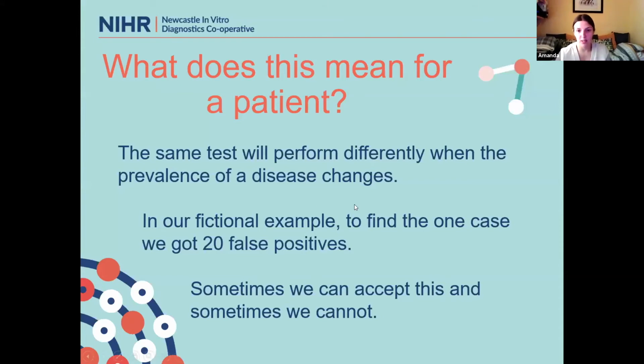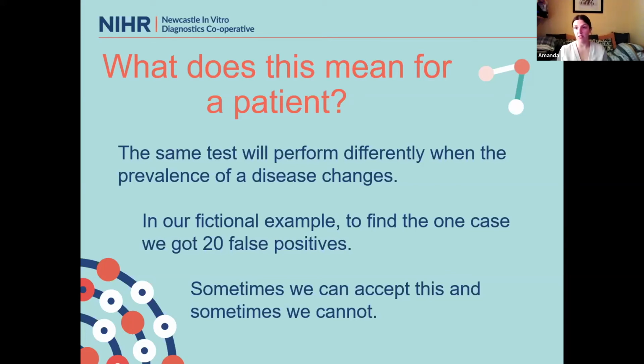So what does this mean for a patient? Like I said, the same test will perform differently when the prevalence of the disease that it's testing for changes. And like I said, in our fictional example, to find that one case, we had to generate 20 false positives as a result of that. Now, sometimes we can accept this and sometimes we can't accept this. And that really does depend on what the consequences of the false positives and the false negatives are.